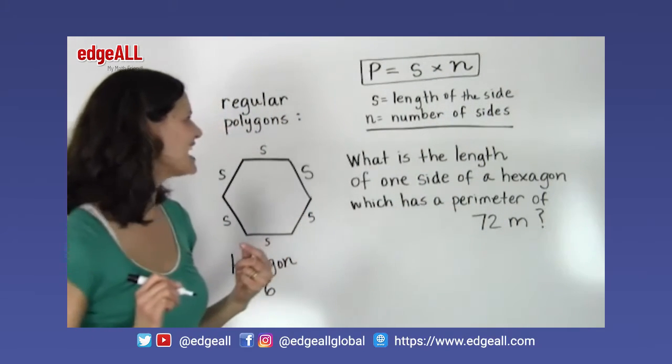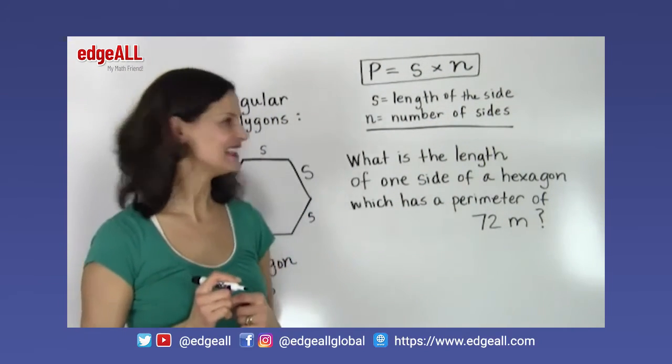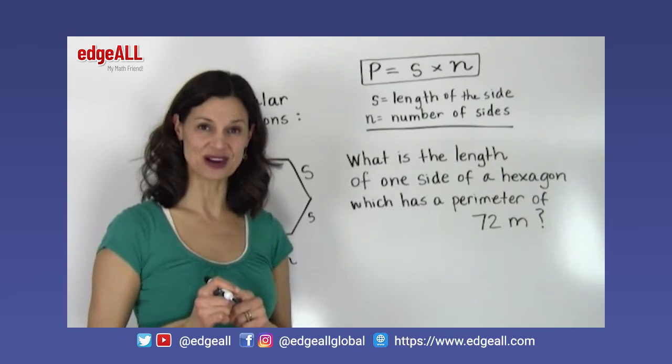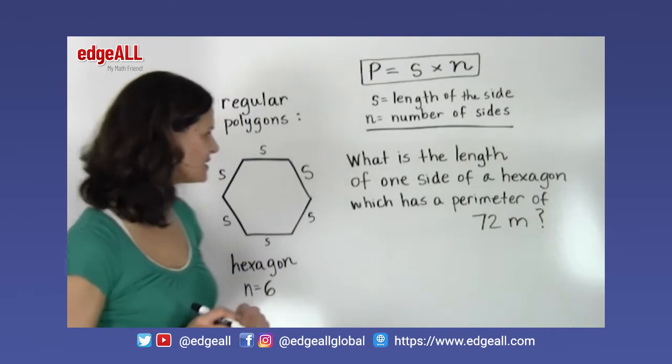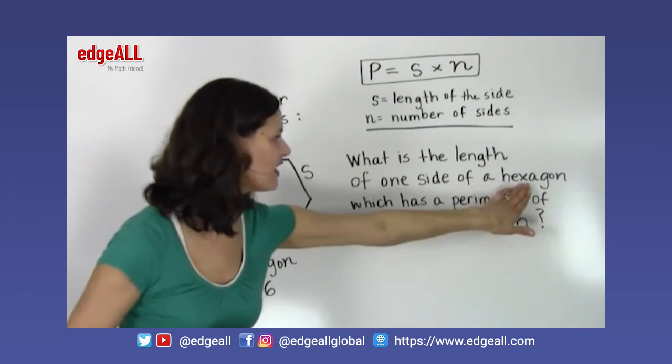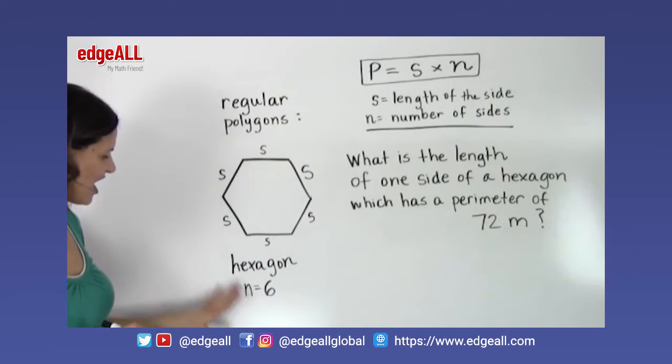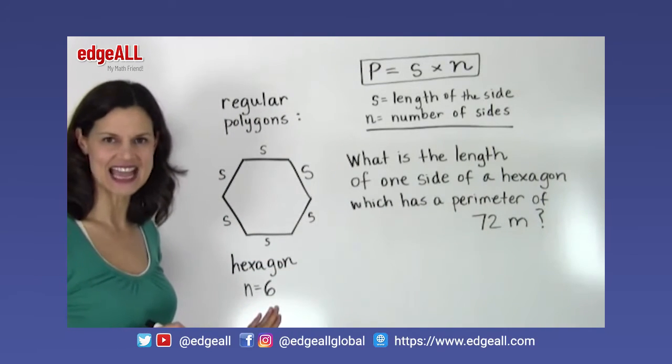Perimeter equals S times N, the length of one side times the number of sides as we work out this problem. So we are working here with a hexagon, and we remember that our hexagon has 6 sides.